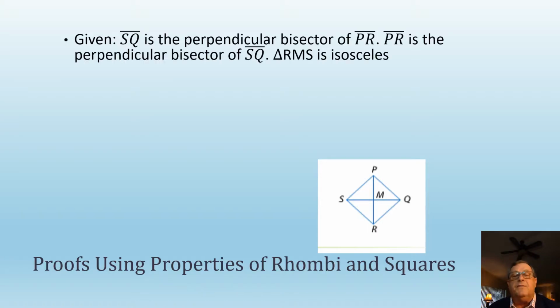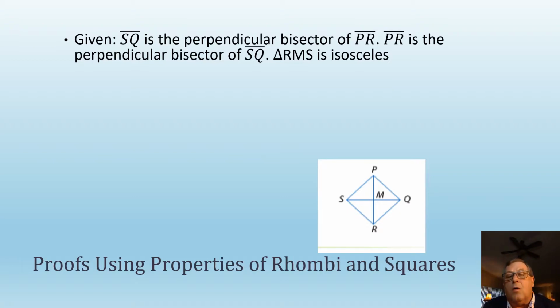Let's see, we are given that SQ is the perpendicular bisector of PR, as I see in this diagram, and PR is also the perpendicular bisector of SQ, and triangle RMS is isosceles.